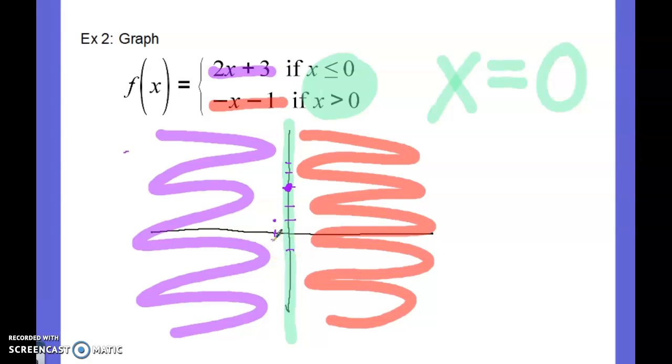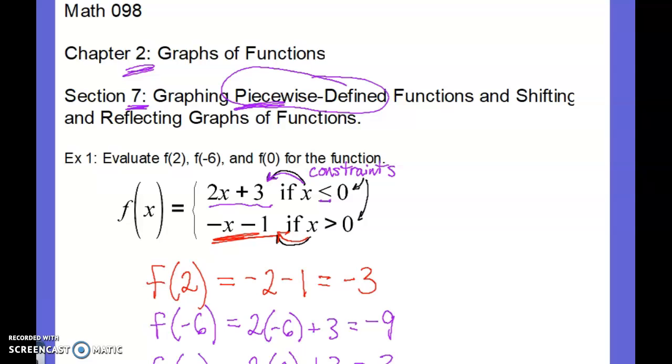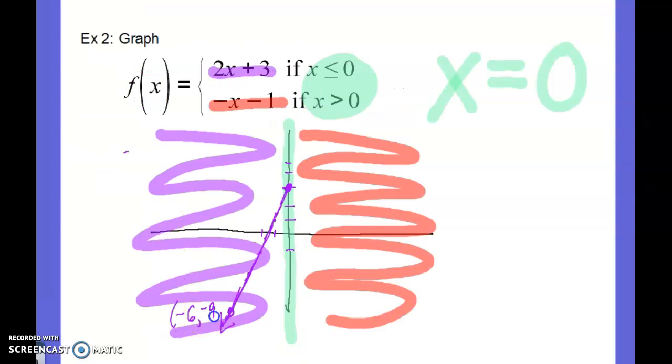Down and to the left. So we only graph that purple equation to the left of those values. Now you'll notice if I were to graph this at negative 6, it was the y value of negative 9. And you can see when x is 0, you do get 3.